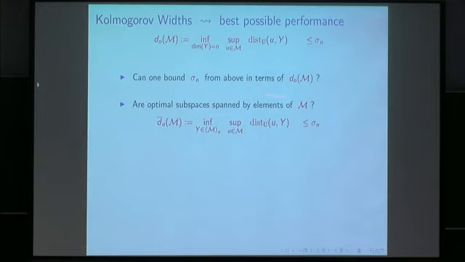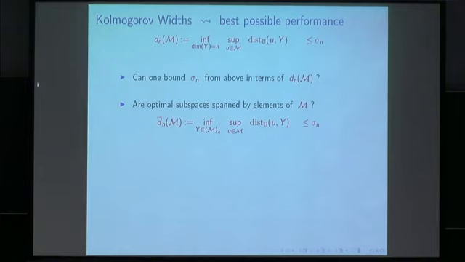The other problem is that when I formulated the algorithm, I said that we are taking elements from the manifold. So the question is whether, for forming this n-dimensional space, it would be good to take any n-dimensional space, or only ones which are actually generated by the manifold.